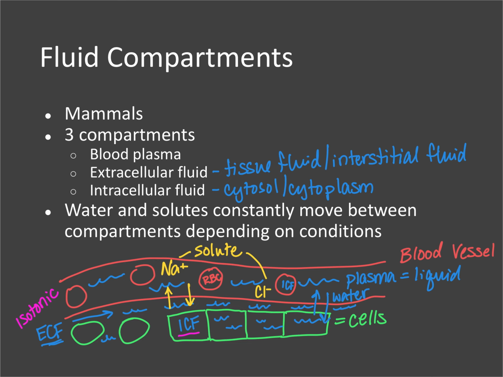So remember that this plasma, its main function is really transport. And one key area that this blood gets transported to are the kidneys. And then there are structures in the kidneys that can control how much salt or electrolytes and how much water is either kept in the body or excreted out of the body.